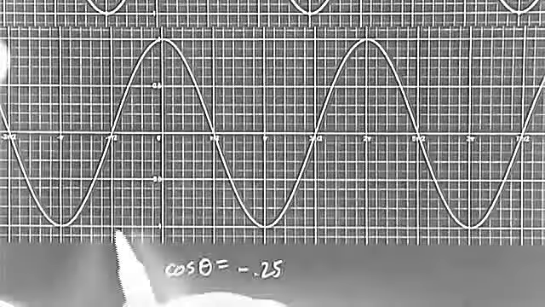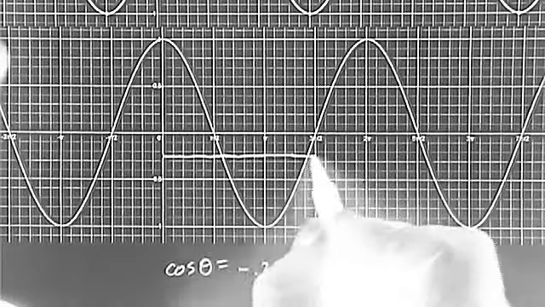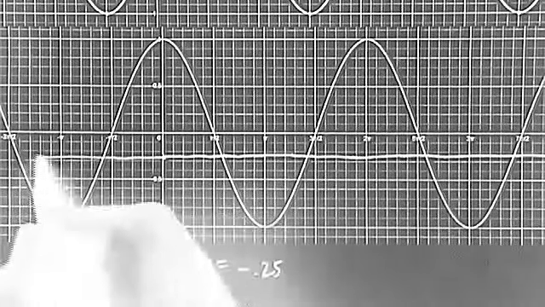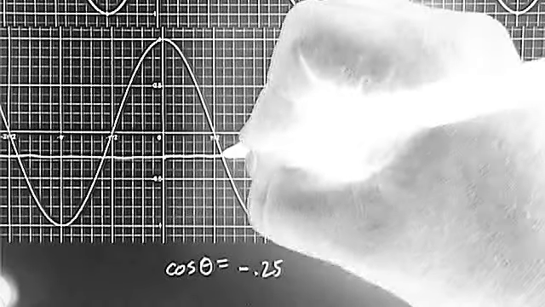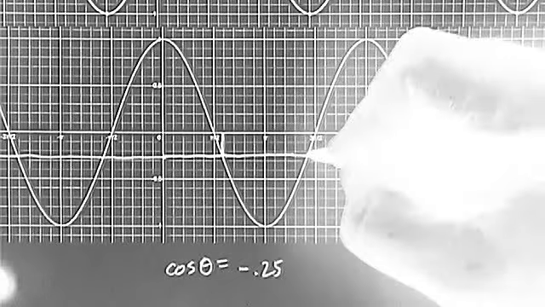We could draw a cosine wave, and here's approximately where negative 0.25 sits as it goes through the graph. Just approximately. Looks like we have a solution right here and another solution right here.